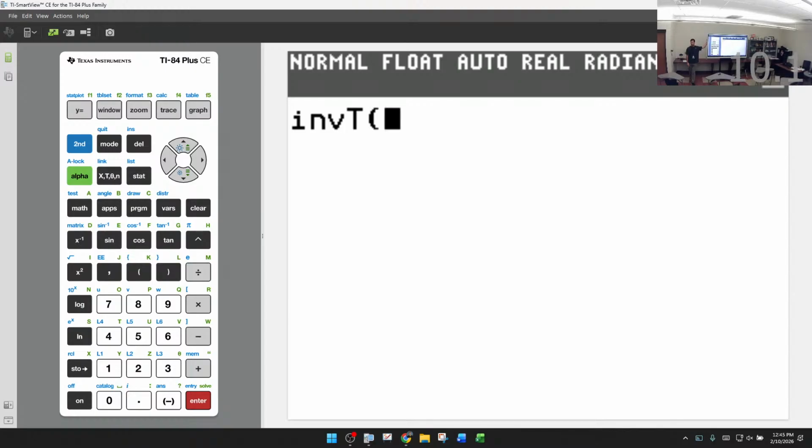So it says area. This is where students mess up, because the area is not 0.95. That's the middle. This calculator only goes to the left. So if you have 0.95, that's 0.05 left over, which is 0.025.